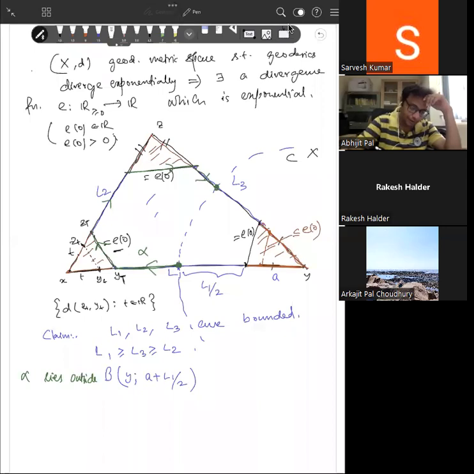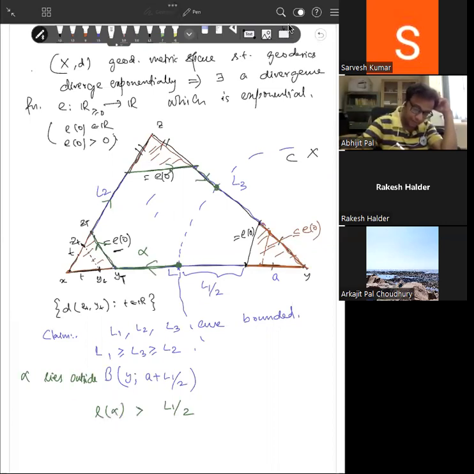And you have assumed that the geodesics diverge exponentially. So the length of this alpha will be greater than this L1 by 2.